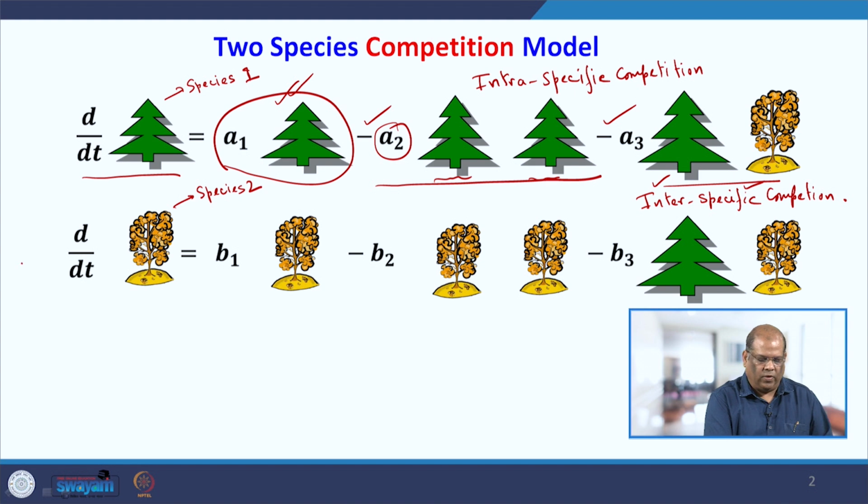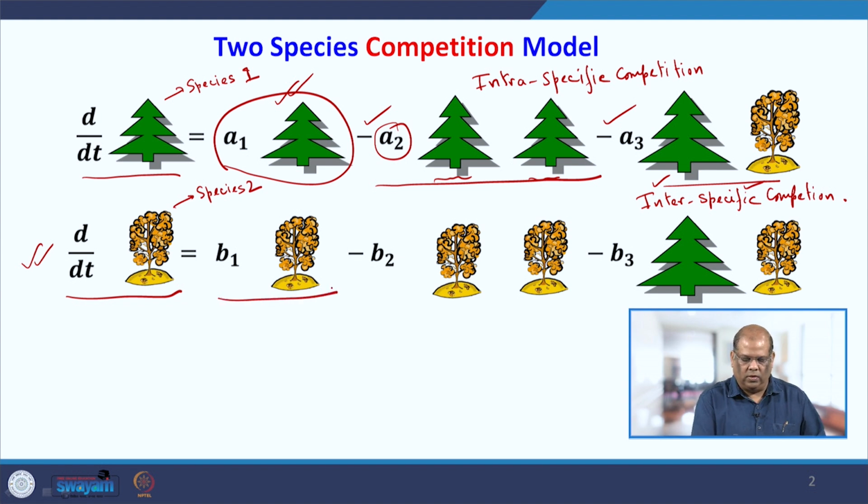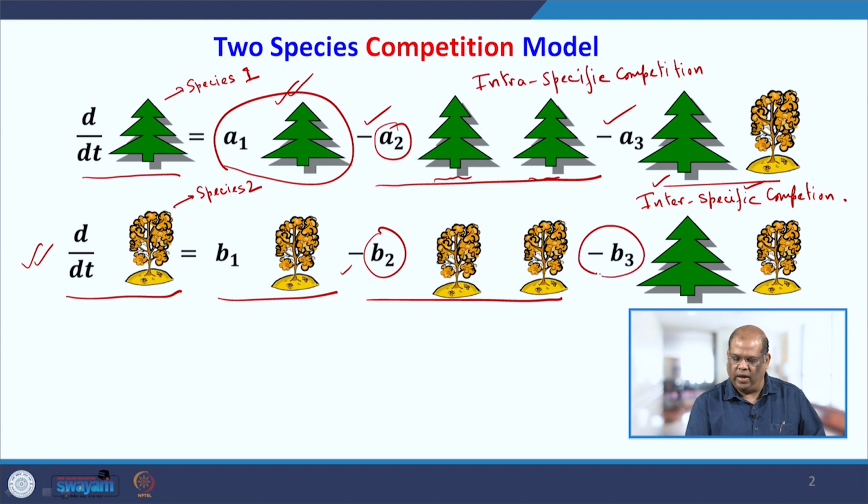The same thing for species 2: this is the rate at which species 2 grows, following exponential growth, an intra-specific competition at a rate B2, which is why there is a negative sign, and an inter-specific competition at a rate B3, again with the negative sign.